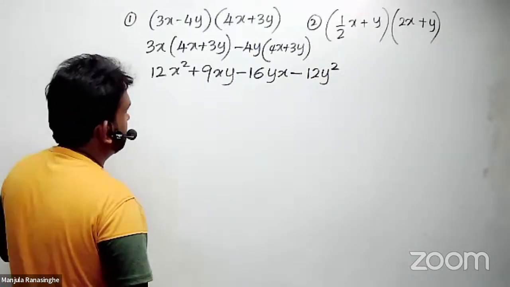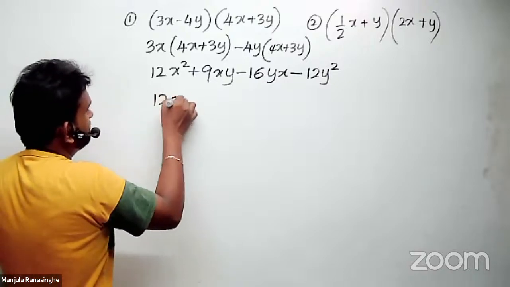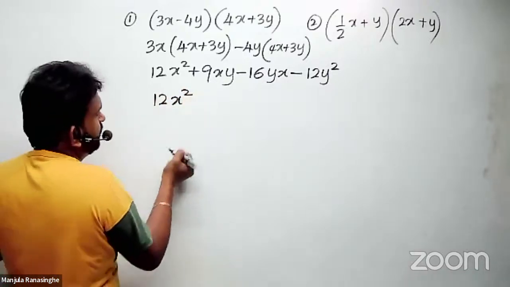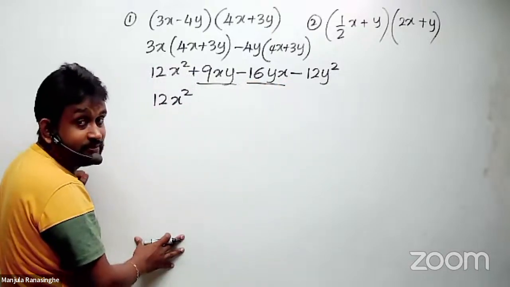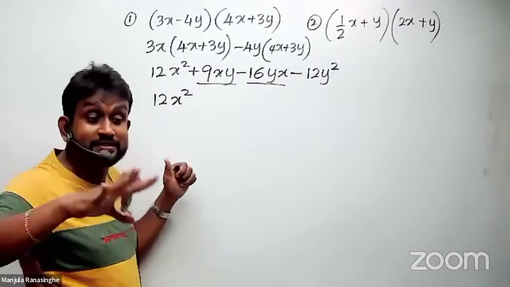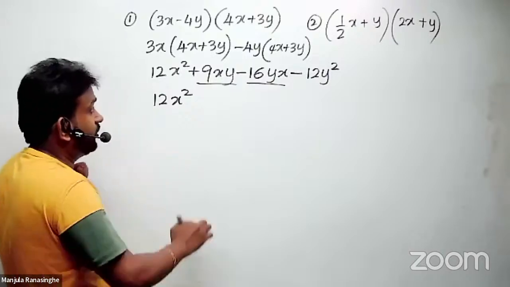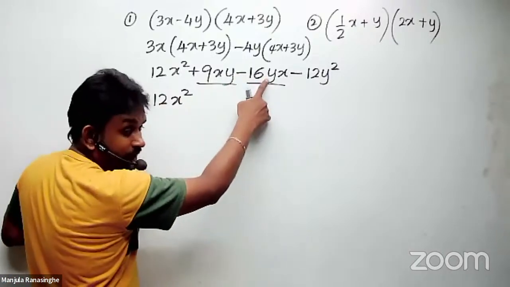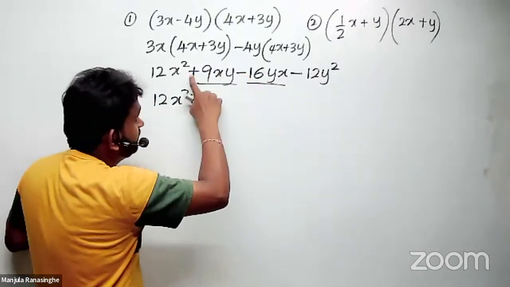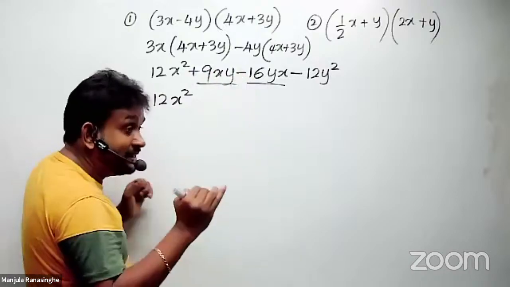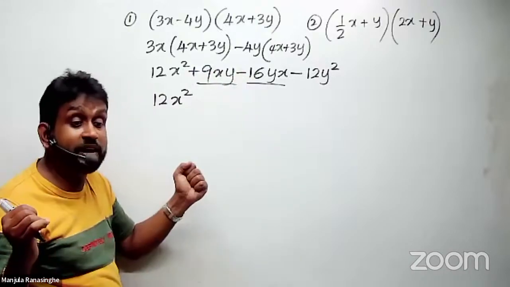Okay, now you can say that 12x squared plus 9xy minus 16yx. I mentioned to you that xy and yx are the same. So imagine this is also xy. Now 9xy and 16xy, but they are positive and negative, so they are not adding, they are subtracting.